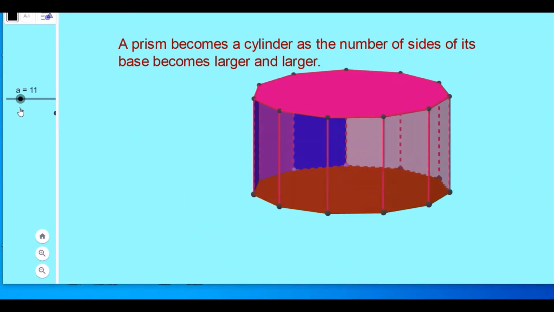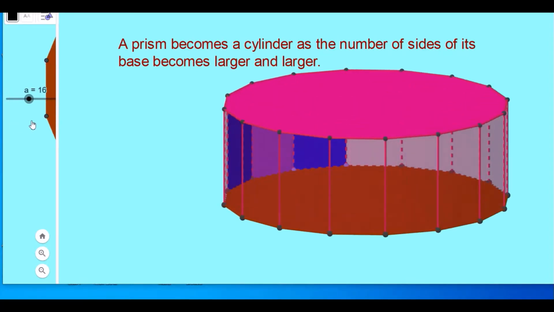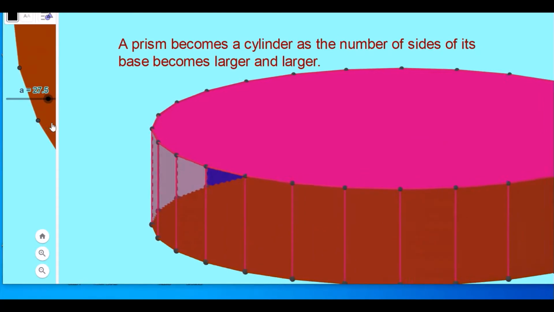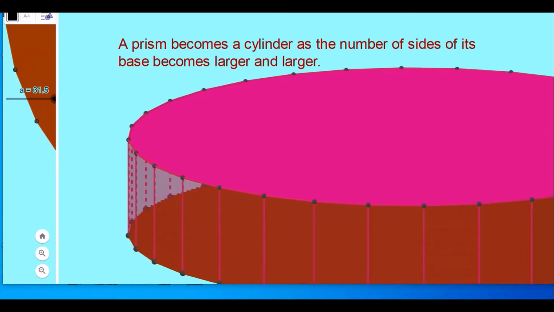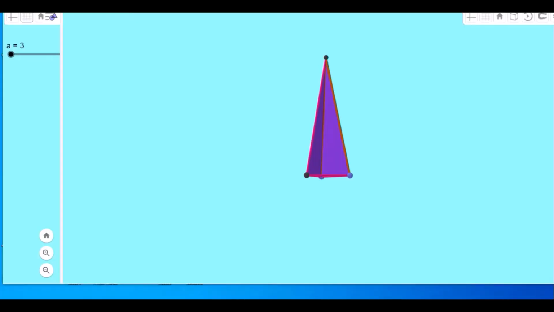Now this looks like a prism. When the number of sides increases, it looks like a cylinder. Now what will happen? How are pyramids and cones alike? Let us check it. Here you have a triangular pyramid.